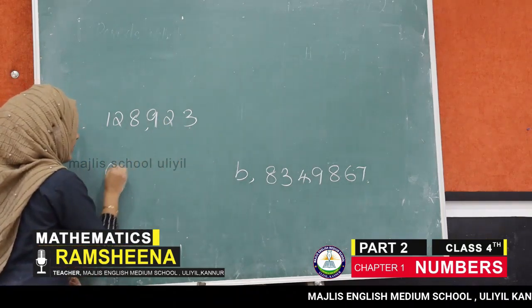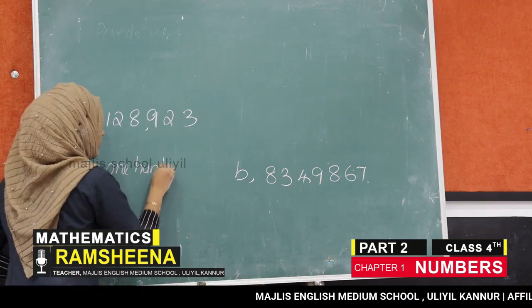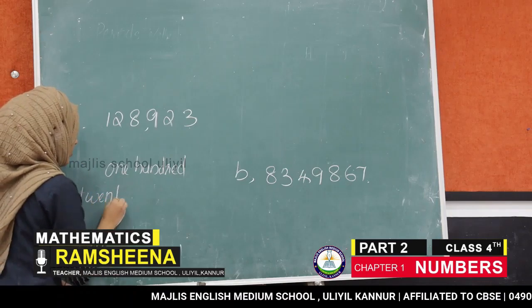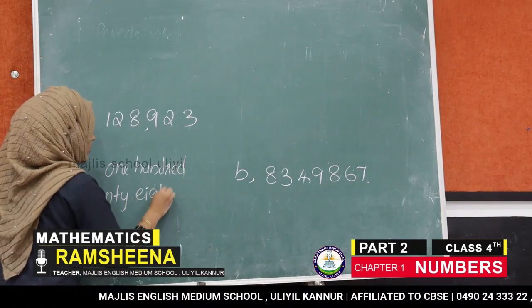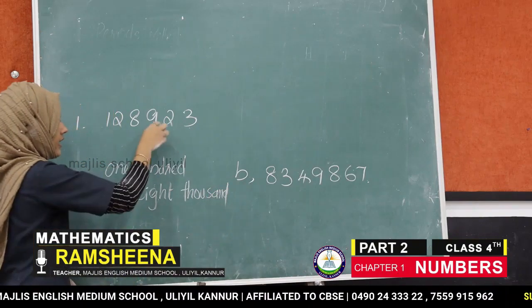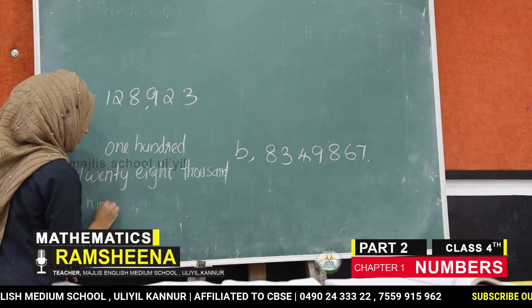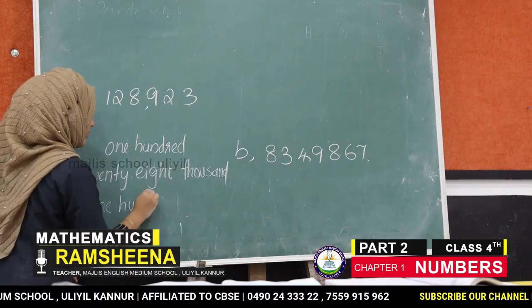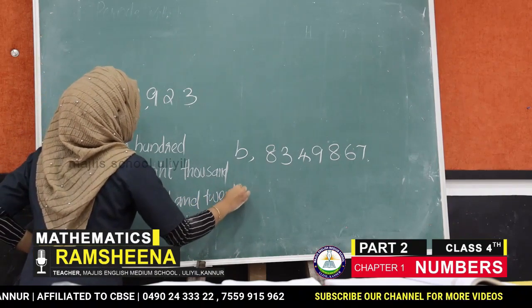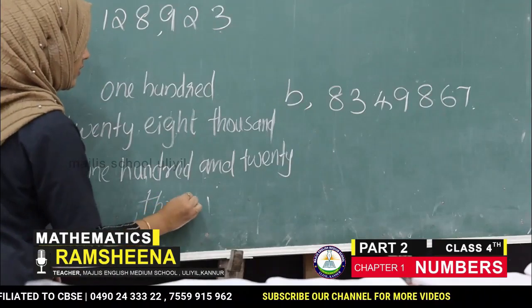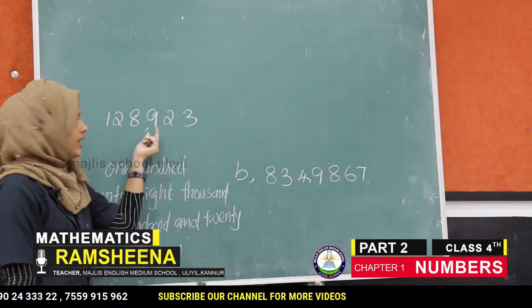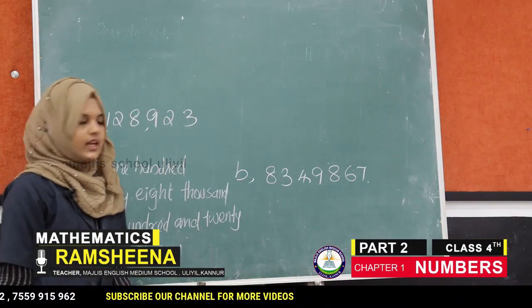We write this as 128,000 and 923. Okay. How to read this number? 128,923. Then the second number.